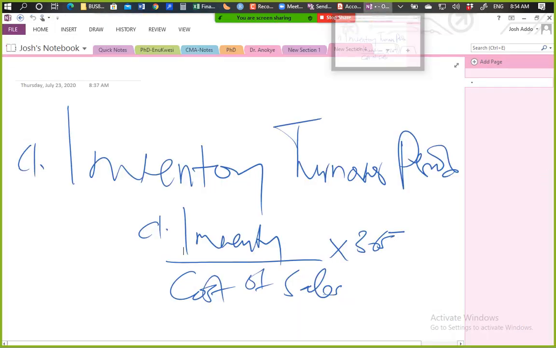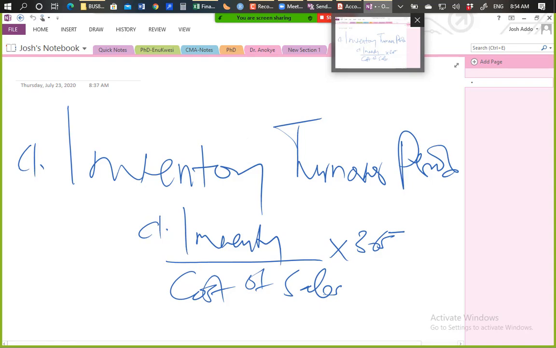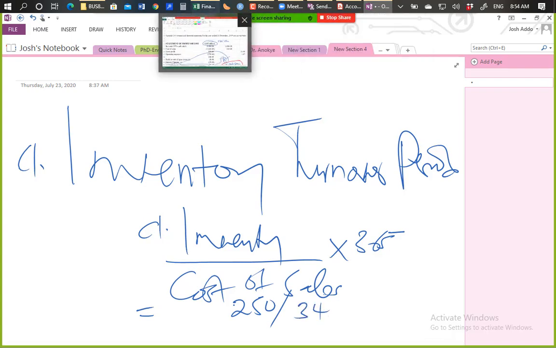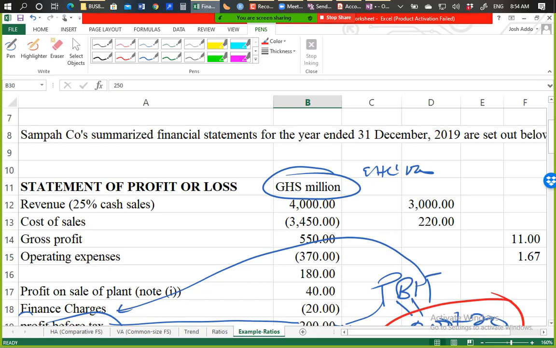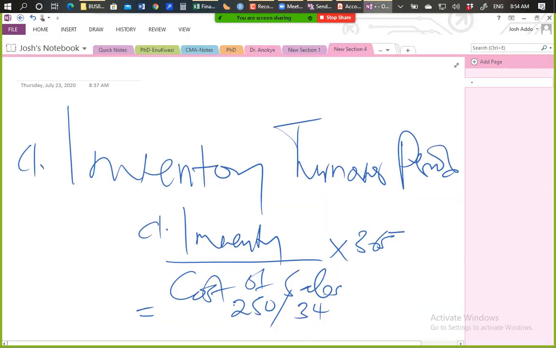So this will give us 250 million divided by 3450, times 365 days.